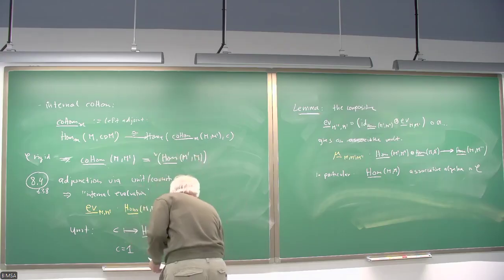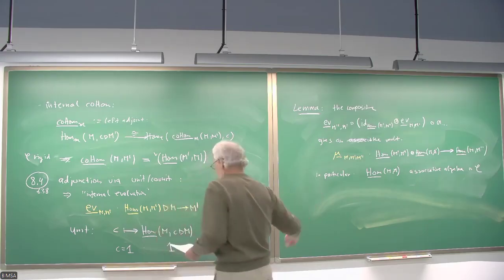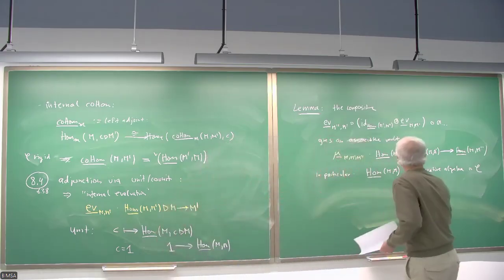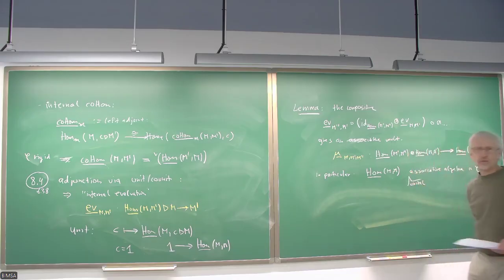So here we get to the internal end of M, which is our algebra here, and then you can check that this gives us the structure of a unital associative algebra on this.